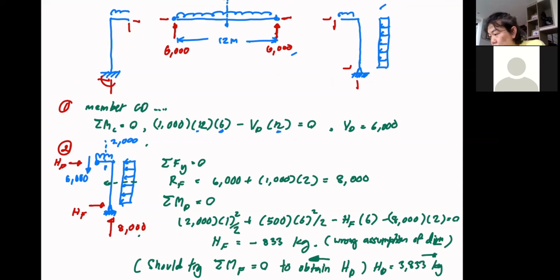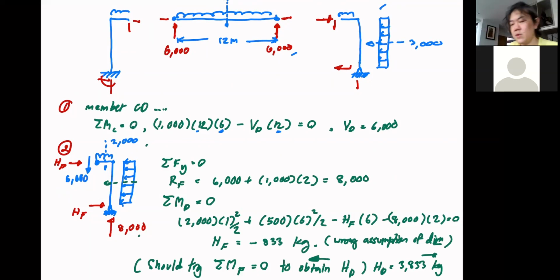So the total force here is 3,000. Okay, but because of the presence of this piece, what's that? This piece makes this reaction greater than 3,000, and therefore this has to go this way to maintain the equilibrium.